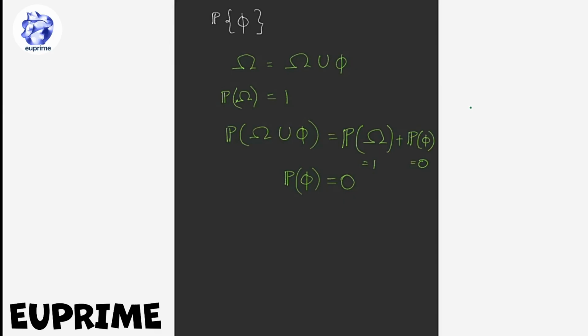This is only possible because omega and phi are disjoint sets. So the probability of a disjoint union of sets can be written as the sum of their individual probabilities. So that's how you compute this.